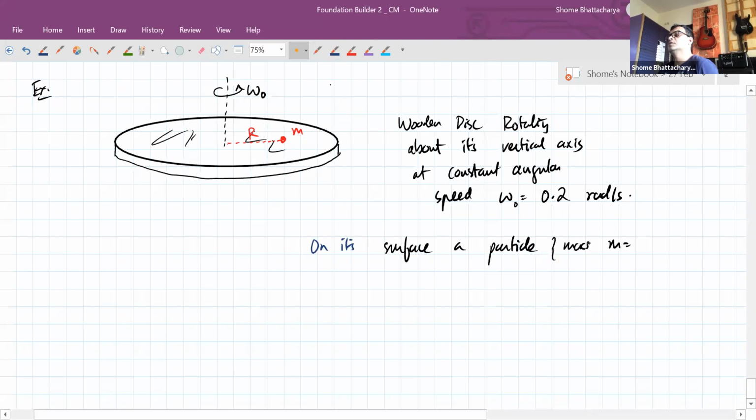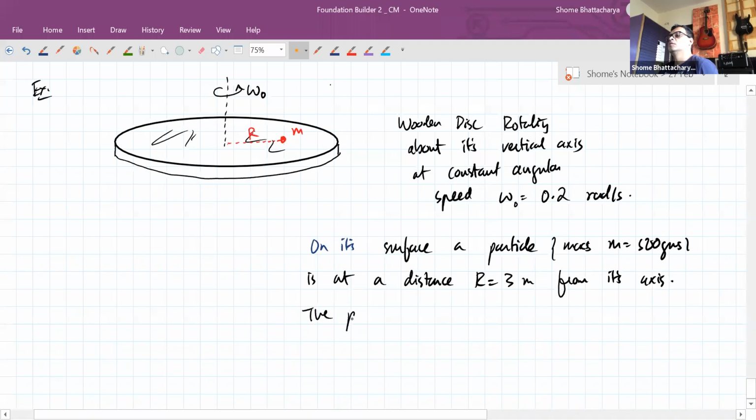The mass of the particle is, let us say, 500 grams, at a distance r equal to 3 meters from its axis. The particle does not slip with respect to the disk surface.